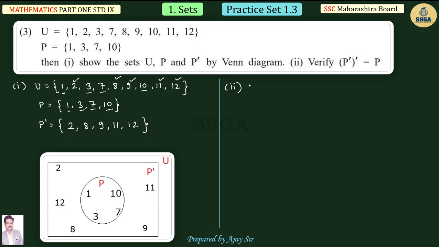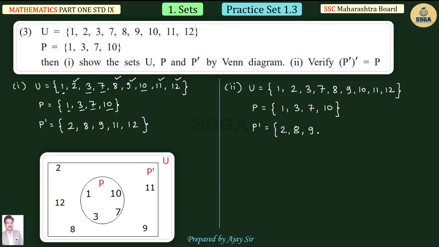First we will write the universal set, which is 1, 2, 3, 7, 8, 9, 10, 11, 12. Given set P is 1, 3, 7, 10. P complement we found in the first part, first question, that is 2, 8, 9, 11, 12. Now this is P complement, students, and we want P complement of complement.